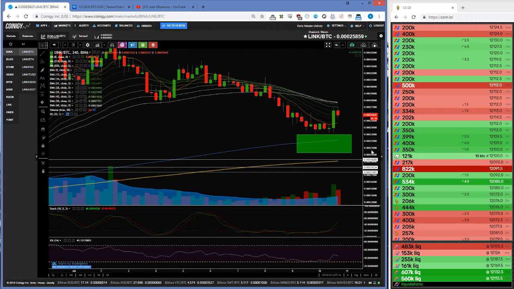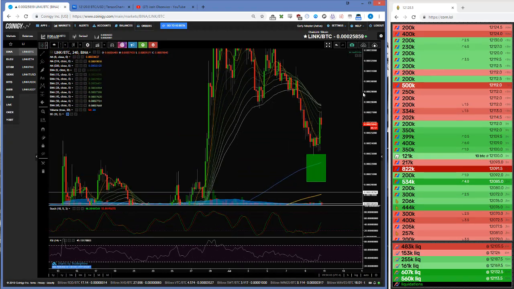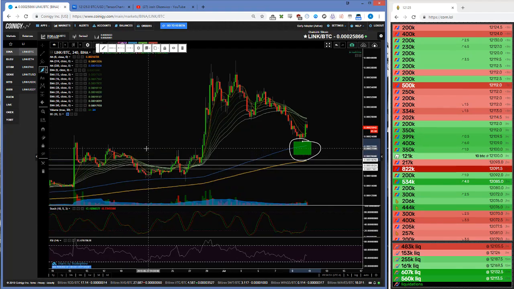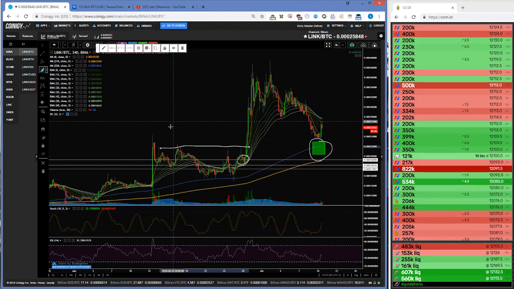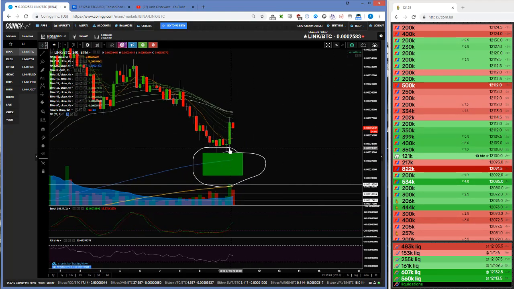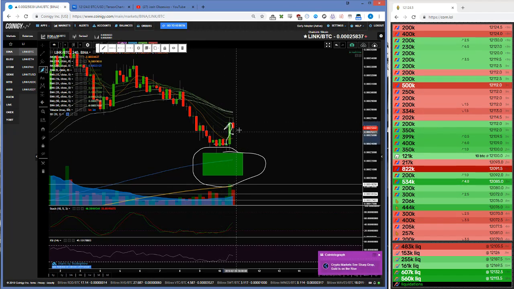You also have Link, which is the most bullish alt. I said you should be buying in here in front of a previous breakout point, and then support flipped from resistance, and price briefly dipped into there, and then it just went sideways for a bit, and then it broke out.